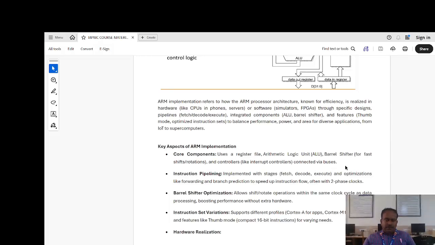The second key aspect of ARM implementation is instruction pipelining. It is implemented with stages of execution: fetch, decode and execute, and optimizations like forwarding and branch prediction to speed up instruction flow, often with a two-phase clock cycle.